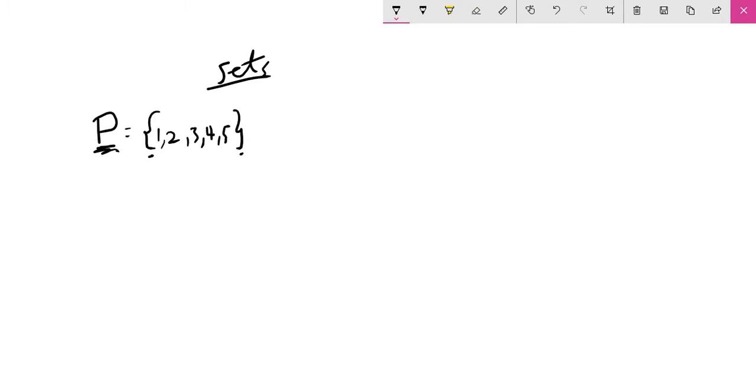So this is called the set P, and the numbers we see inside here, 1, 2, 3, 4, 5, are the elements or the members of the set. Okay, so this is how sets are represented.